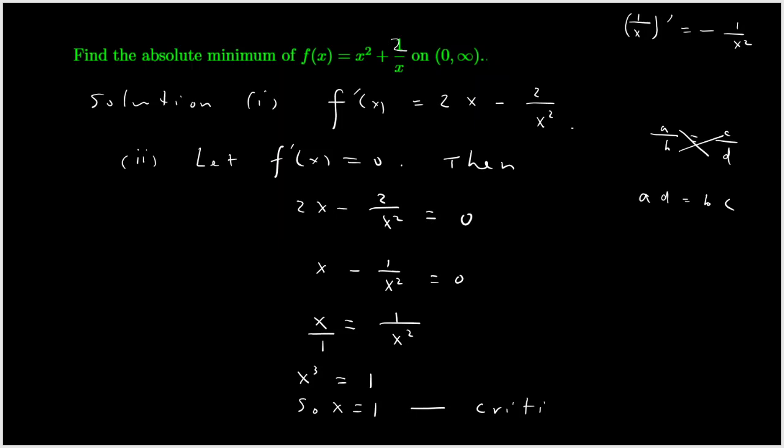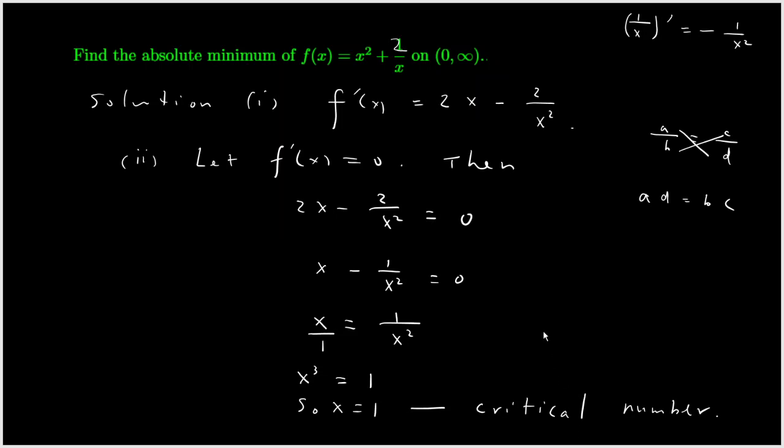But I believe you can imagine it's possible to have more than one critical number when the derivative is more complicated, right? Actually, in some cases, it's possible for a critical number to be an x value at which the derivative does not exist.